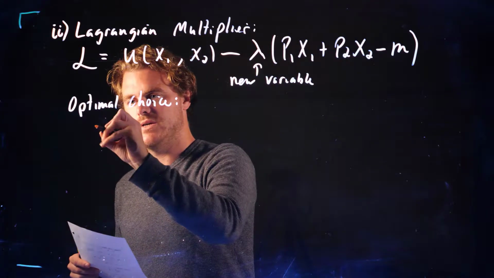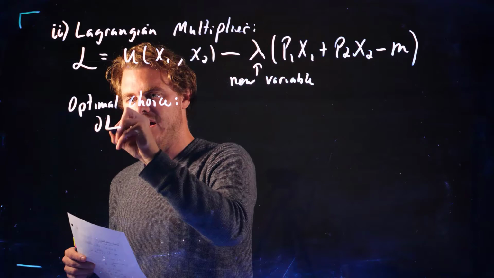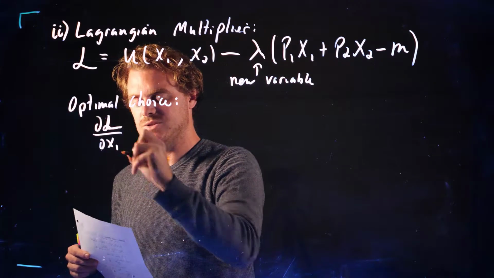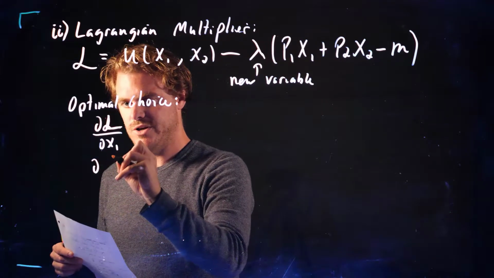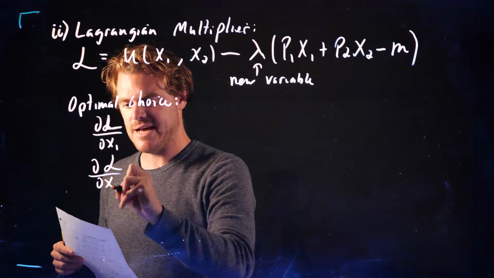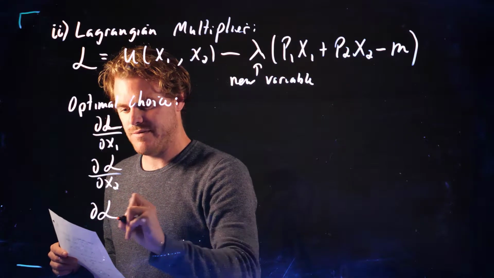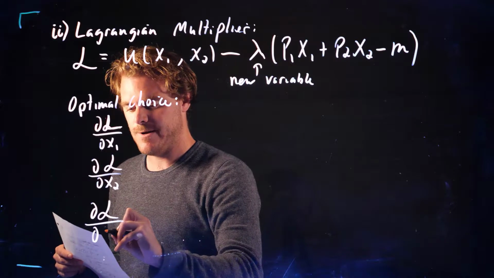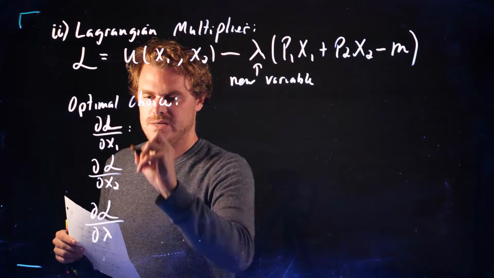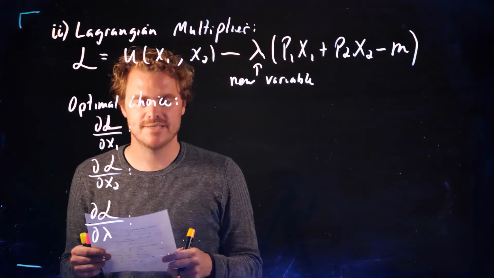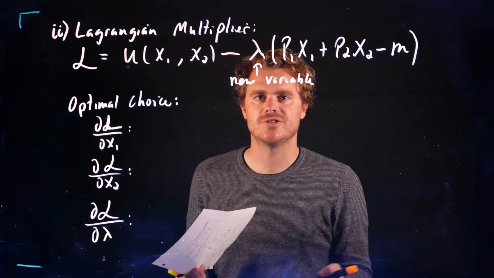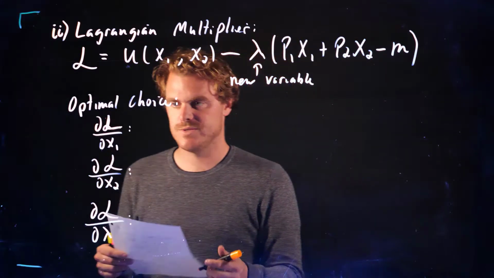So it's the derivative of L with respect to x1, the derivative of L with respect to x2, and then the derivative of L with respect to lambda. We're going to set them all equal to 0, and then we're going to have three equations and three unknowns, and we'll be able to solve those.